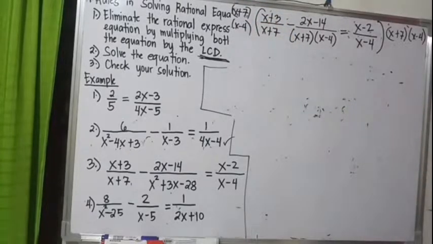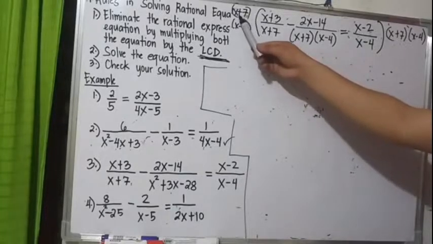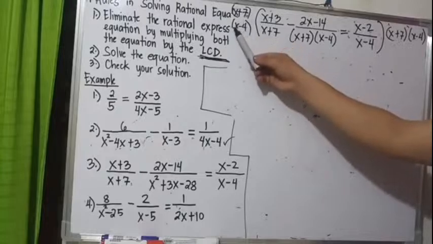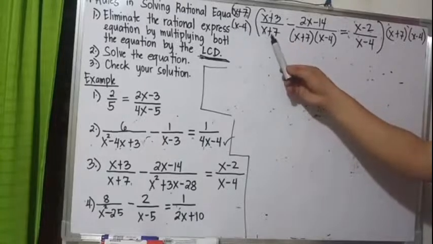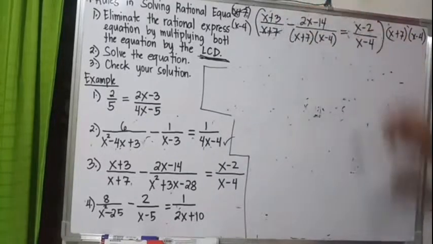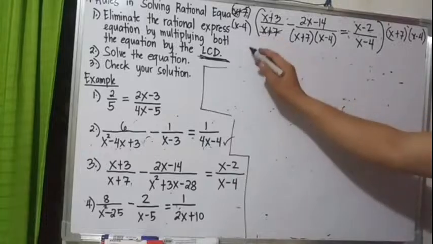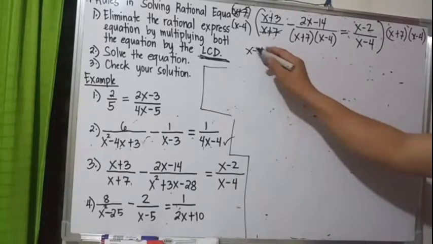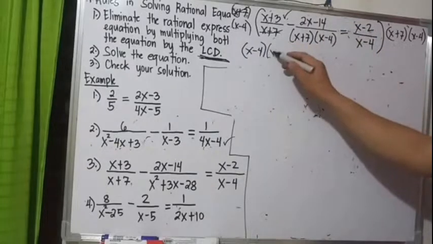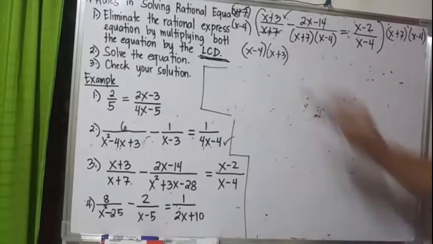Then simplify. We divide x plus 7 times x minus 4 by x plus 7, and the x plus 7 is eliminated. The remaining value is x minus 4 times the numerator, that is x plus 3.